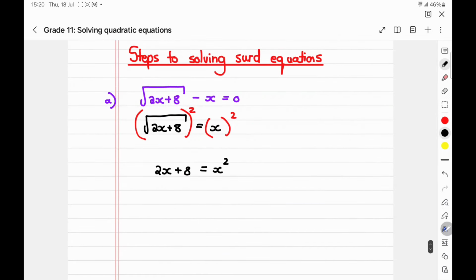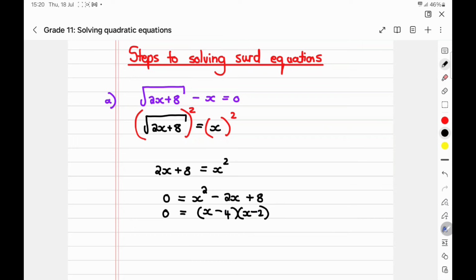And now you've got a beautiful quadratic equation to solve. Okay, so I've got x squared minus 2x minus 8. So we equal it to 0. We factorize, and you can see that I've left that x out. Sorry. Let's just fix that. Minus 2x plus 8. So x and x, the signs are the same, they're both negative.